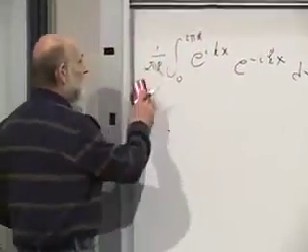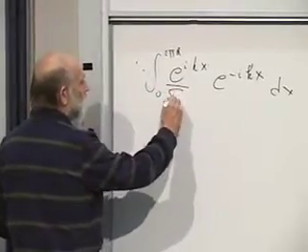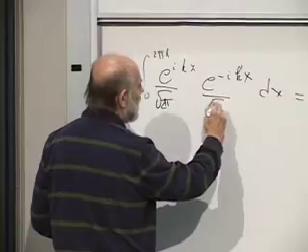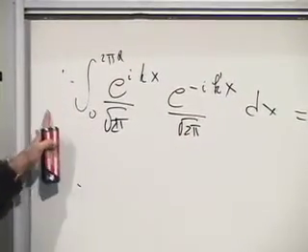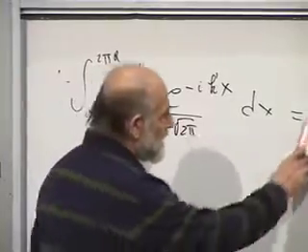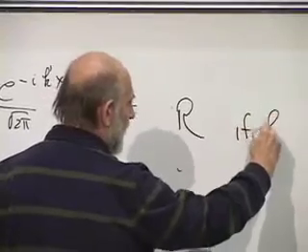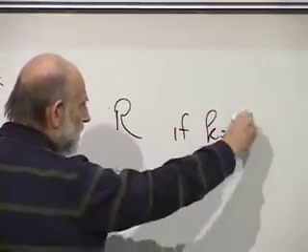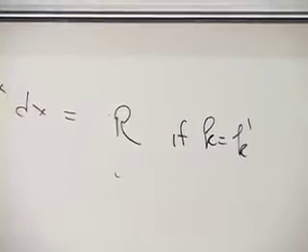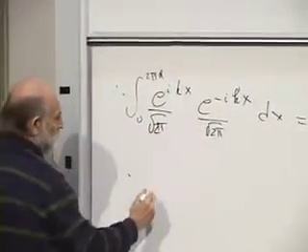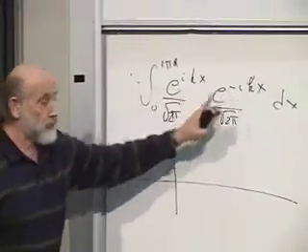If we stretch out the vectors by a factor of square root of r, then on the right-hand side we will get r if k is equal to k prime. In other words, the inner product between these two functions is a function of k minus k prime.